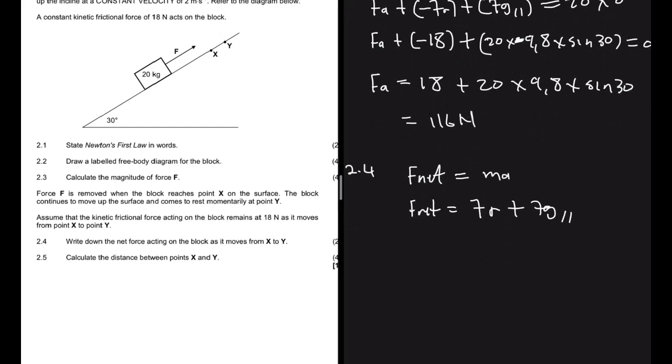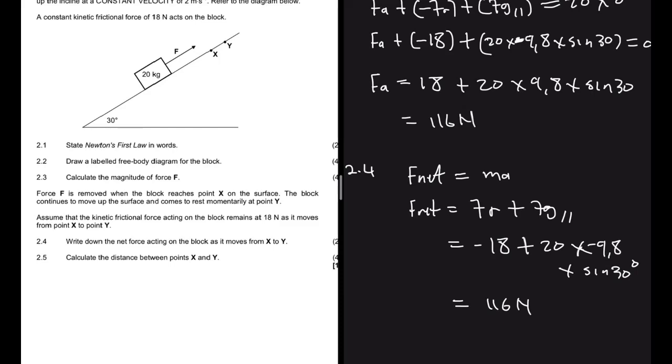Because the question says F net, and these are the only forces that are still acting. What is this equal to? This is equal to minus 18 plus 20 multiplied by minus 9.8 multiplied by sine 30 degrees, which we know is equal to 116 newtons from 2.3, right? That's why the question says write down the net force.